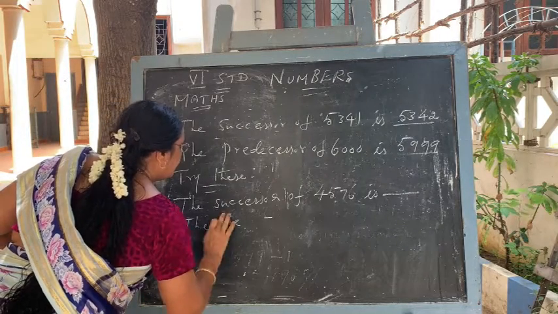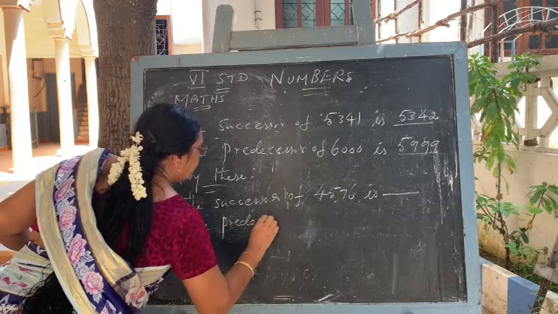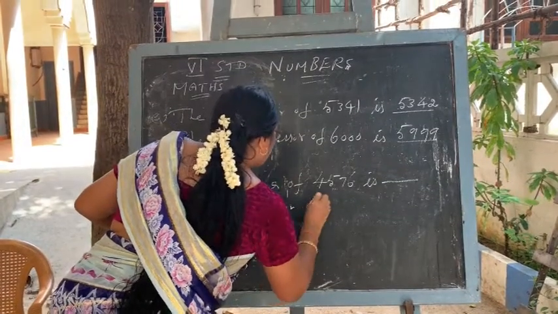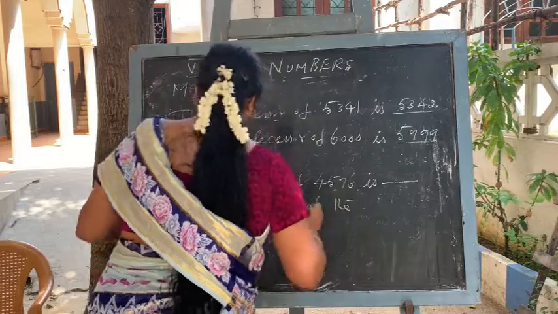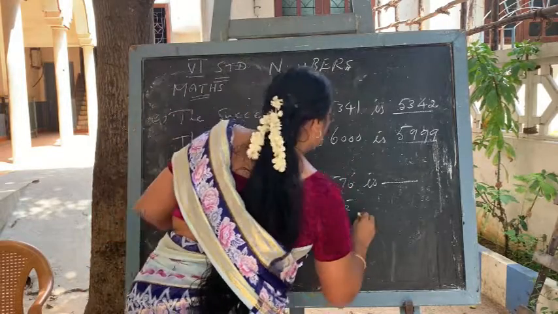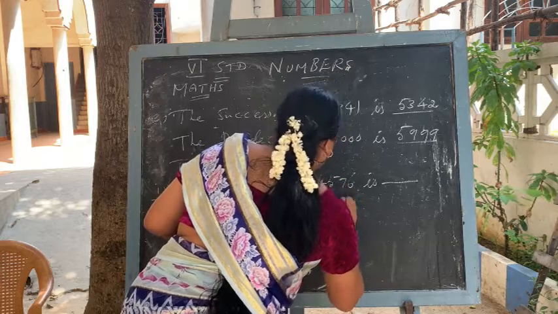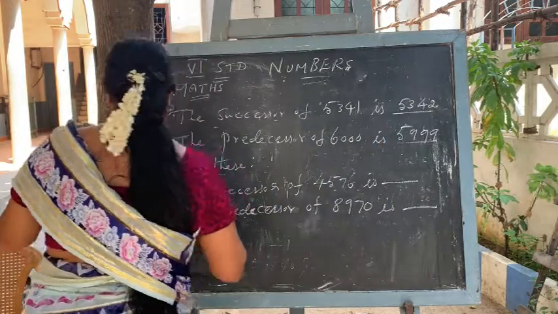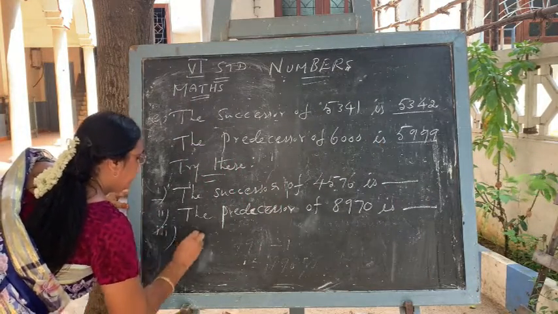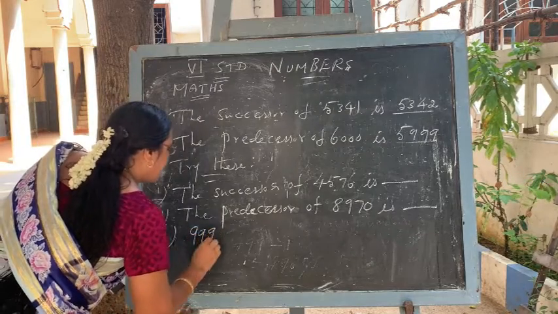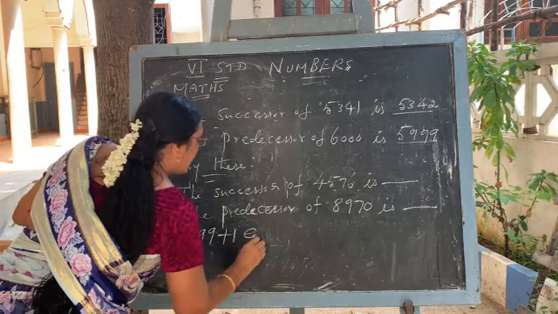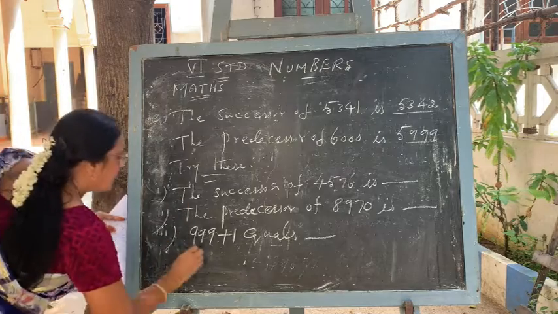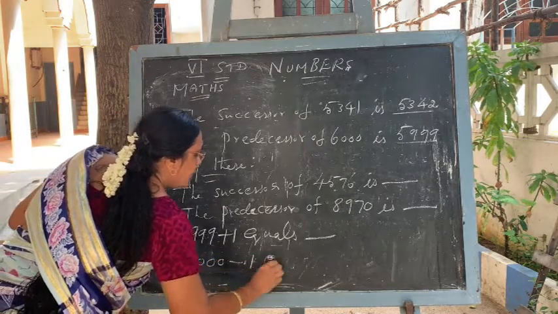The predecessor of 8970 is. Next, 999 plus 1 equals dash. Then 1000 minus 1 equals.